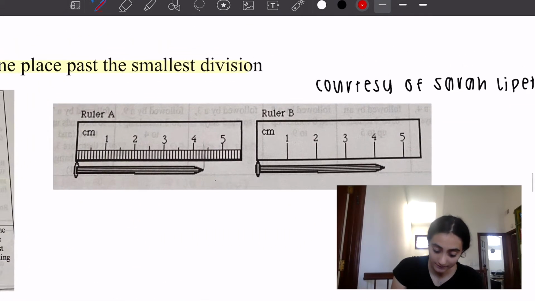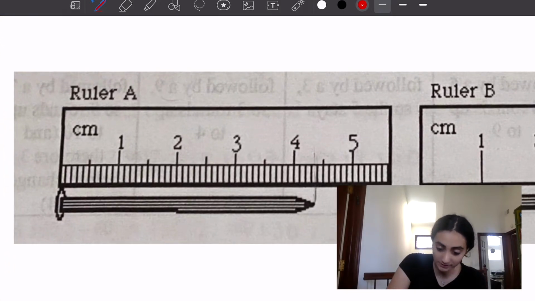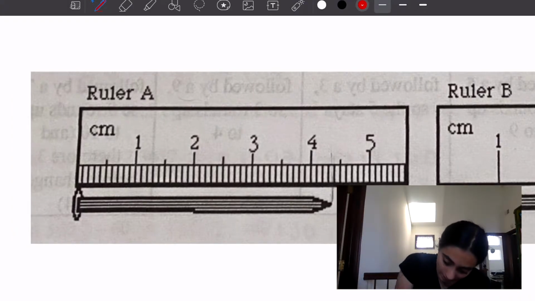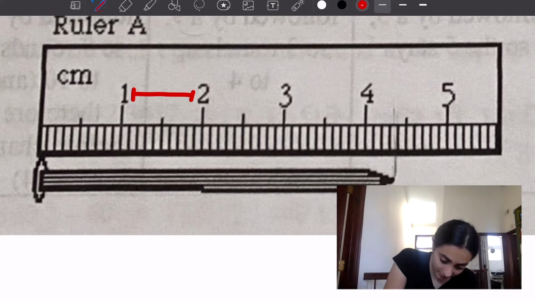We can give it a shot with this ruler. You can pause the video here and try it on your own. If we look, there's a division of 1 here. We see that over here we have 1.0, 1.1, 2, 3, 4, 5, 6, 7, 8, 9, and then this is 2.0.